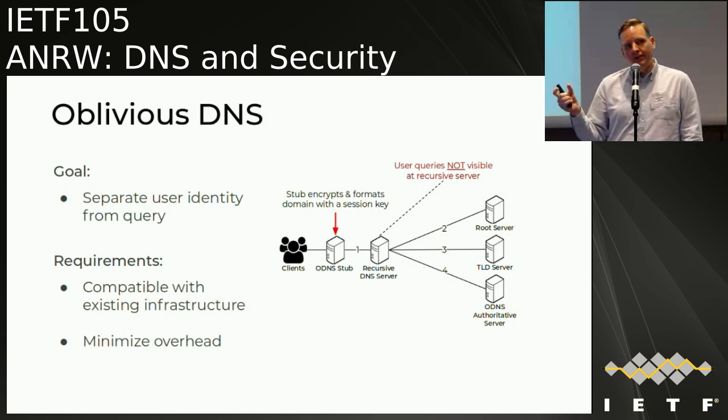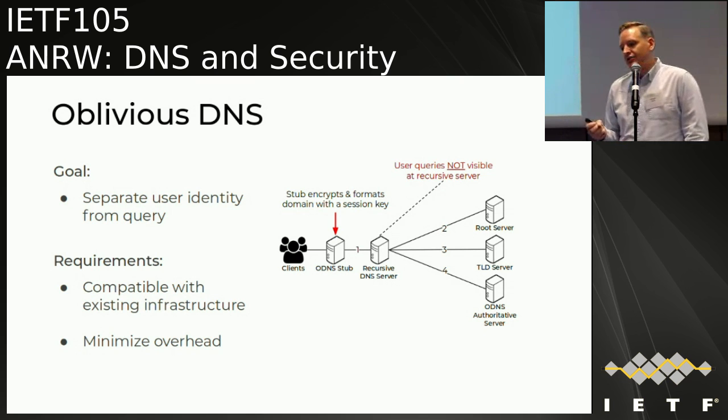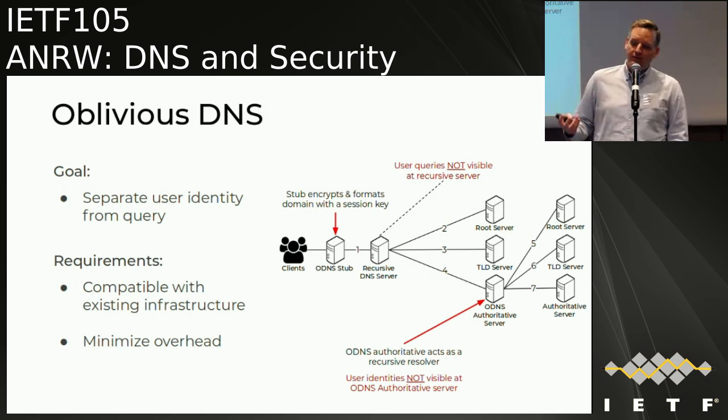We then append a domain that we own, something like, imagine we own the TLD .ODNS. So we append this clear text domain, which means the recursive server is not going to be able to understand your query. It's just ciphertext, but it will use the existing DNS infrastructure to eventually reach our authoritative that we own, say .ODNS.